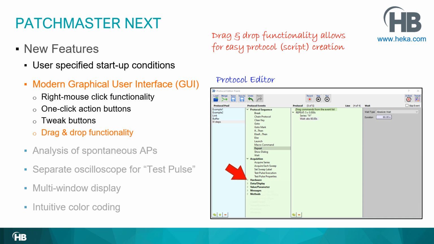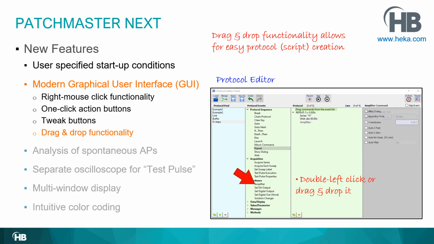So you click on this button, Hardware, you select the amplifier command, and again, I could now drag drop it, or in this case, I double click on it. It appears on the bottom of the sequence. And now, of course, it doesn't really help me to have the update of the serial resistance after I did the recording.